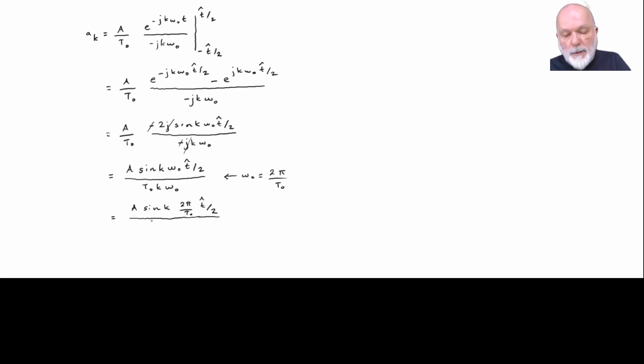T0 omega 0 gives us 2 pi, therefore we have 2 pi k. Okay, here we have a cancellation of the terms 2.